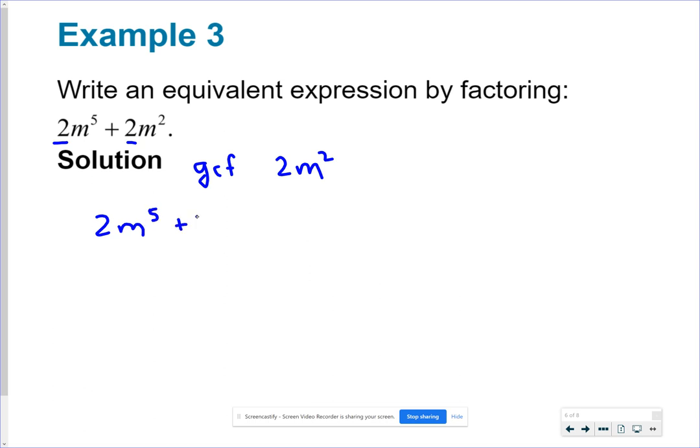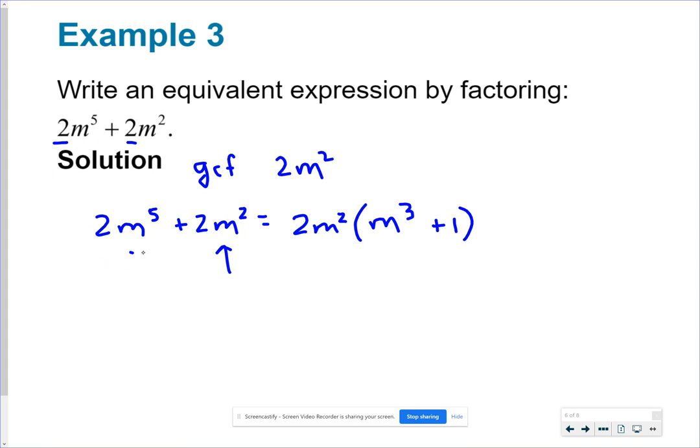So we're going to take 2m to the 5th plus 2m squared. It's going to equal 2m squared times, well, let's see, if we divide out a 2 and an m squared, that leaves m to the 3rd. If we divide out a 2 and an m squared, that leaves a 1.